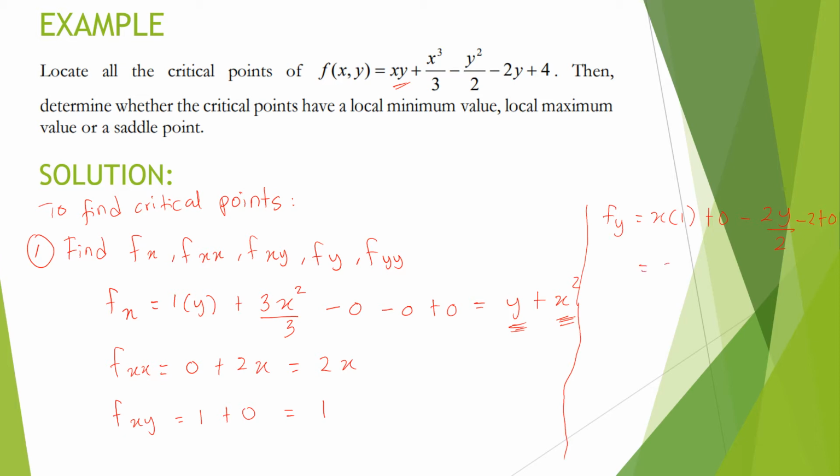Okay, simplify this, you will get x minus y minus 2. Okay, next find fyy. Differentiate x with respect to y becomes 0. Differentiate y with respect to y becomes 1. Differentiate -2 with respect to y, 0. So equals to -1.